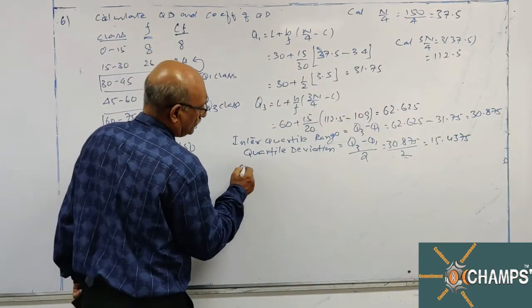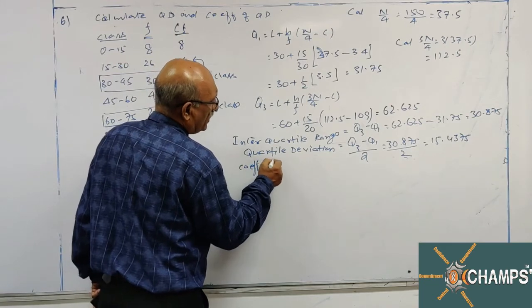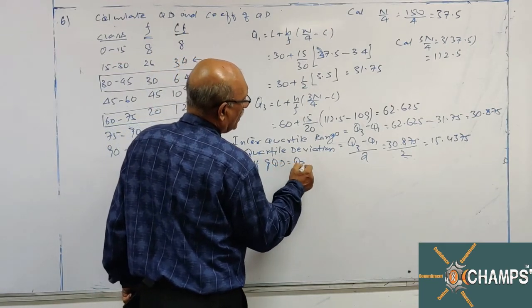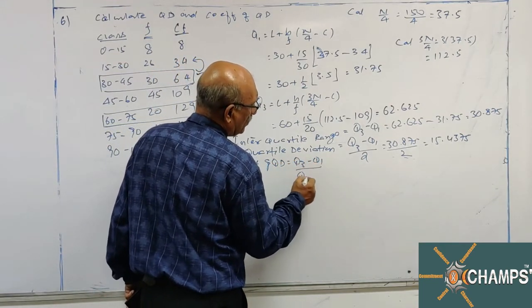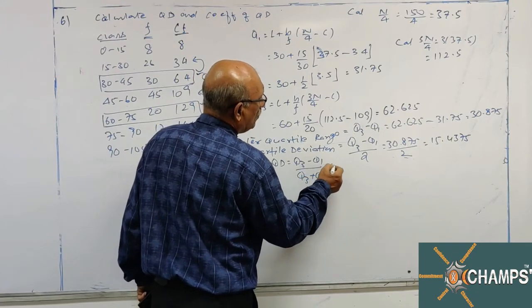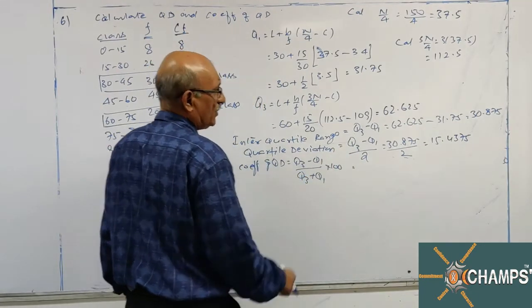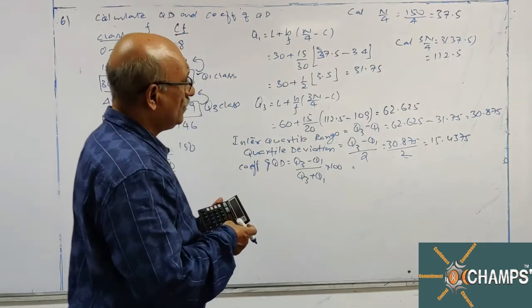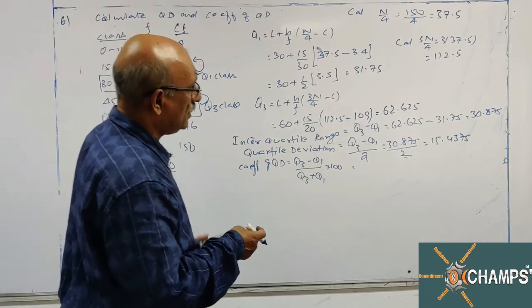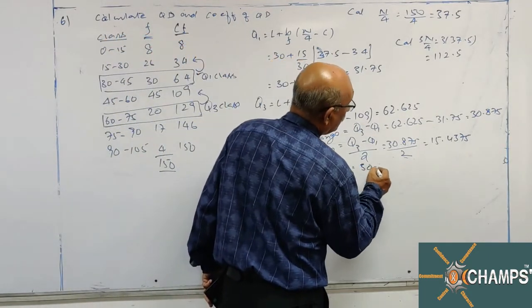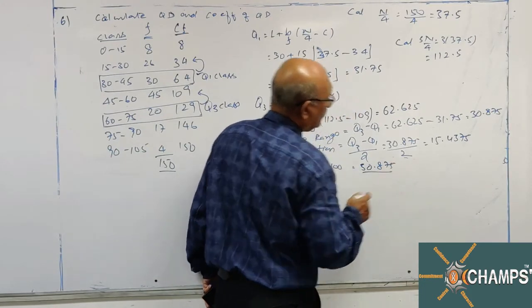Now, coefficient of QD is Q3 minus Q1 by Q3 plus Q1 into 100. Q3 minus Q1 is 30.875.